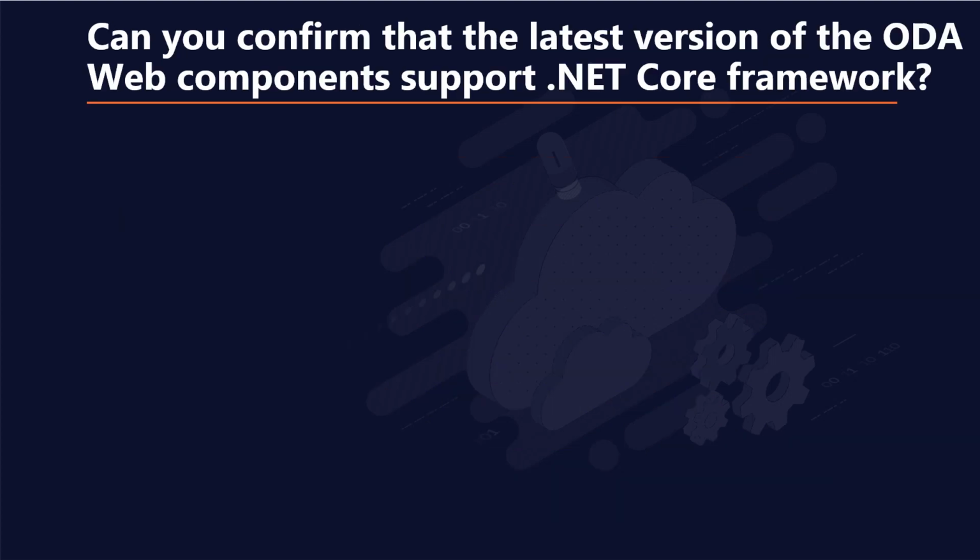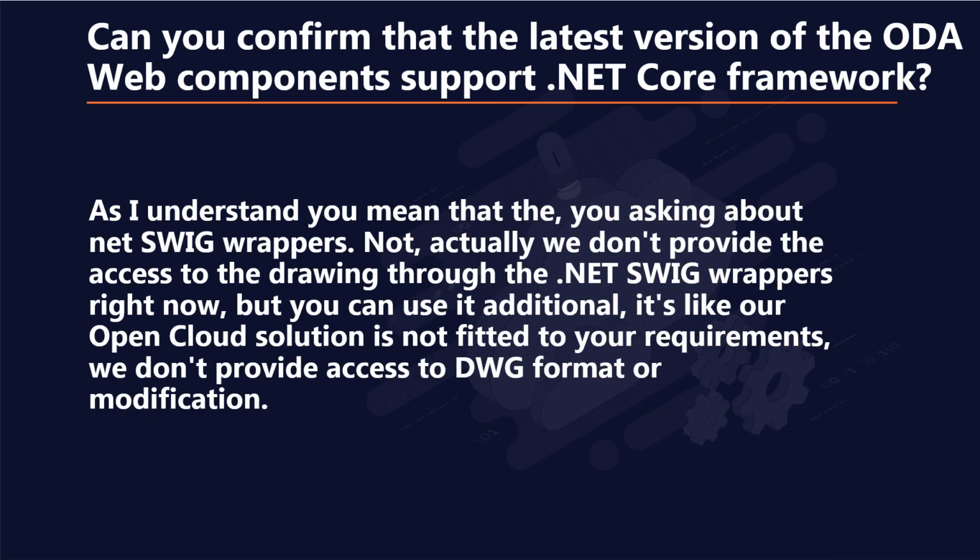Okay, the next question. We don't use your visualize components, only the web file converter. Read DWG and convert to JSON, and then write back out to DWG within our own microserver. Okay, perfect. Can you confirm that the latest version of the ODA Web components support .NET Core framework? As I understand, you are asking about .NET Swig wrappers.